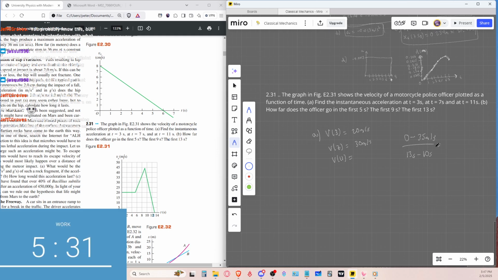So yeah, because the acceleration is going to be negative, minus 3 seconds. So acceleration is like, okay. So the thing is that the acceleration is going to be constant because it's going down in a straight line.